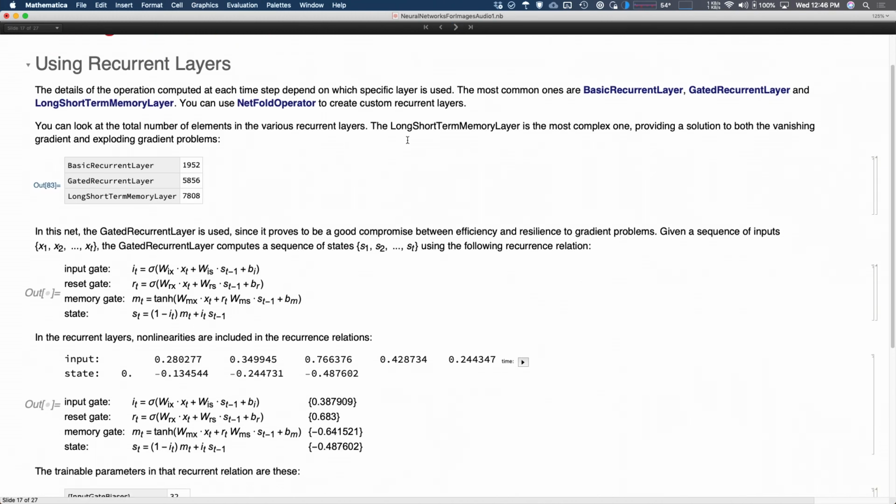So there are several layers that are recurrent, that perform the same kind of operation, just with a different internal graph for the operations that are performed. The ones that we have in the language are BasicRecurrentLayer, GatedRecurrentLayer, and LongShortTermMemoryLayer. And of course, you can also define your own using the NetFoldOperator to create your own custom recurrent layer.